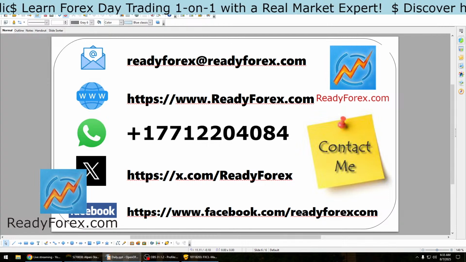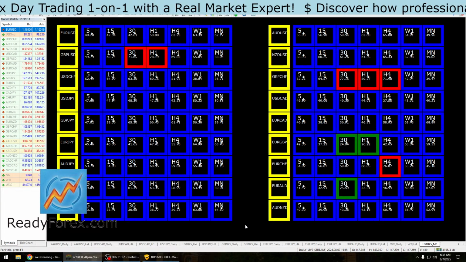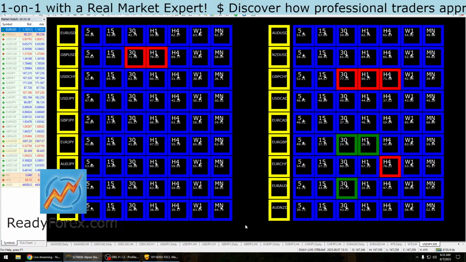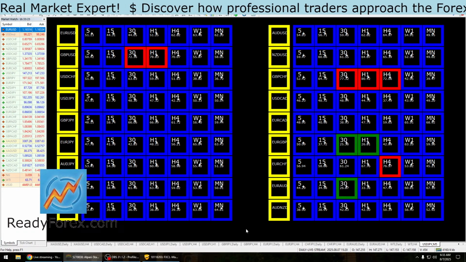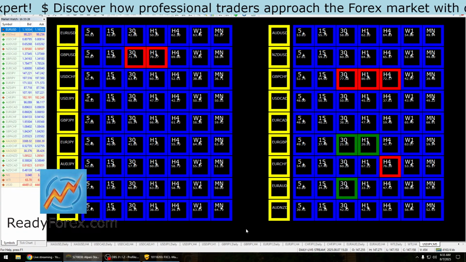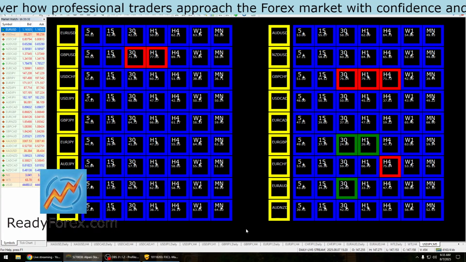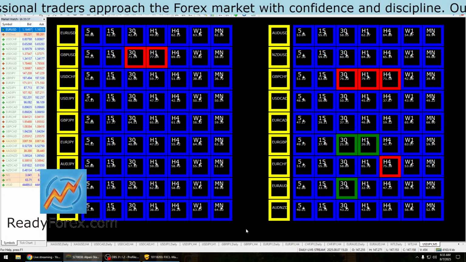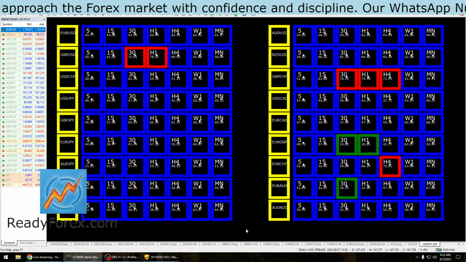Okay, let us take a look at some charts and see what's going on. This is the radar screen indicator which I designed and developed about 15 years ago.